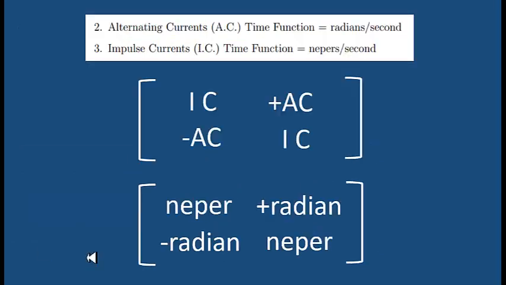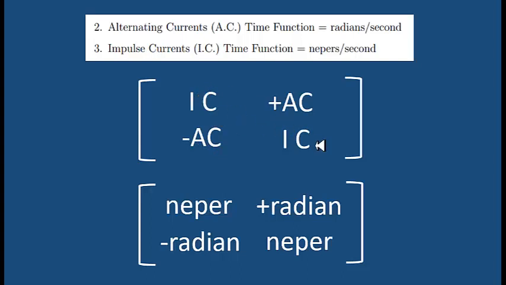Okay, so the neper belongs on the forward diagonal because it is a scalar unit, and radians belongs on the backward diagonal because it is a cyclic unit. And so using the principle of incommensurability, I was able to deduce that impulse current and alternating current are incommensurate principles.